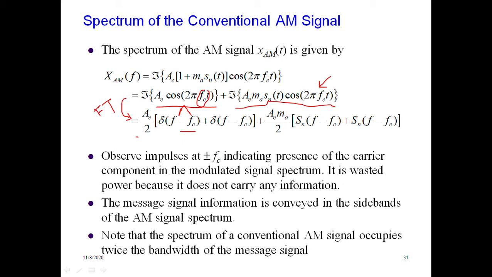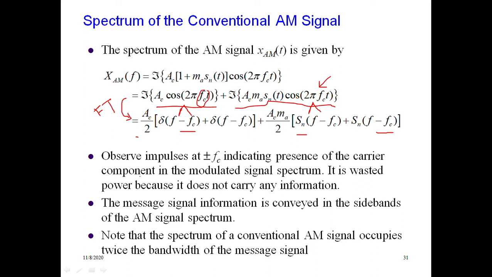Why? Because this cos also we have to divide into whatever the signal S(t) minus Fc and plus minus Fc. So that means whatever the signal will be shifted by minus Fc and also plus Fc here.